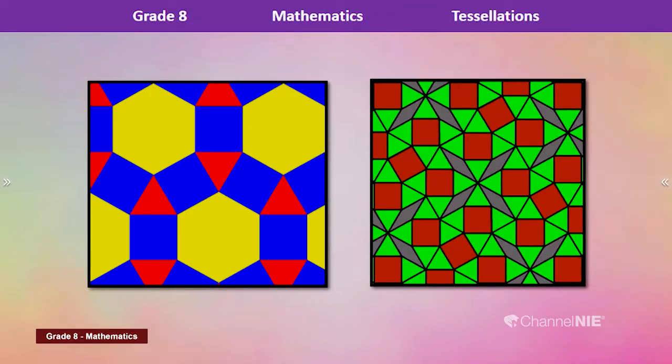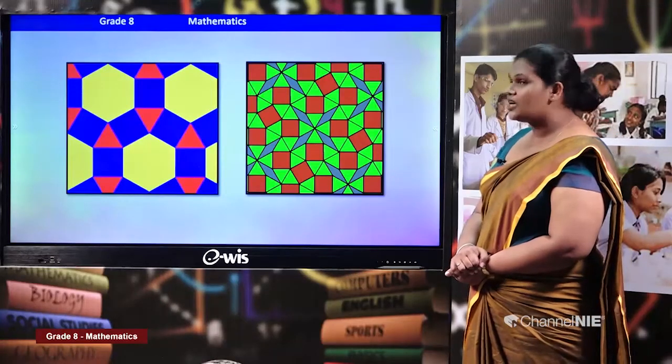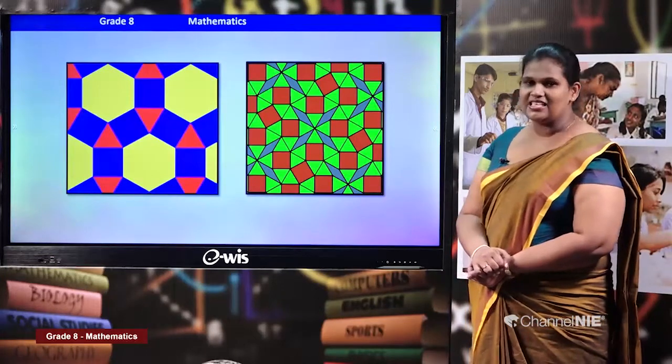Right. Now have a look at the other picture. Here I can see some squares, triangles and some quadrilaterals. Isn't that so? Now the triangles are in green color and the squares are in brown color, and the quadrilaterals are in grey color. Right? So once again we can consider that one also as a tessellation.